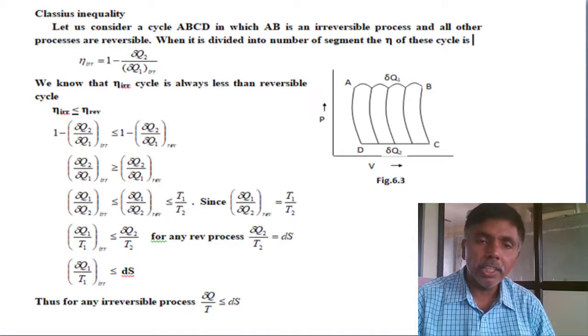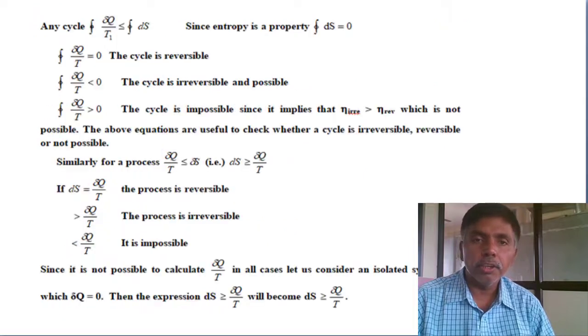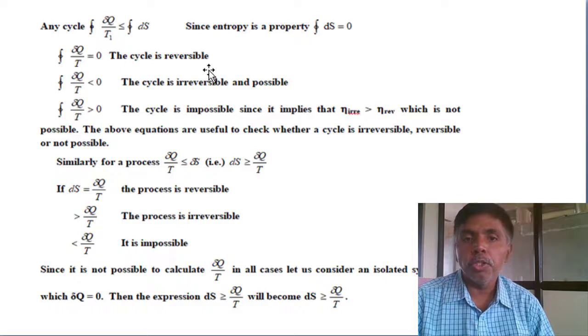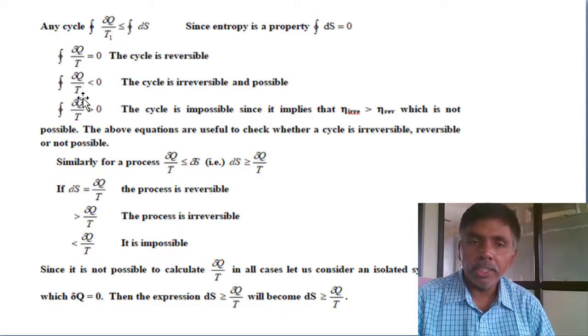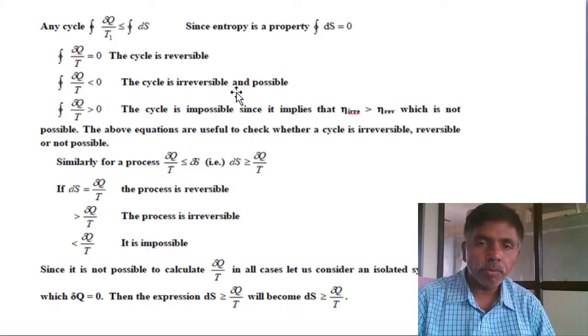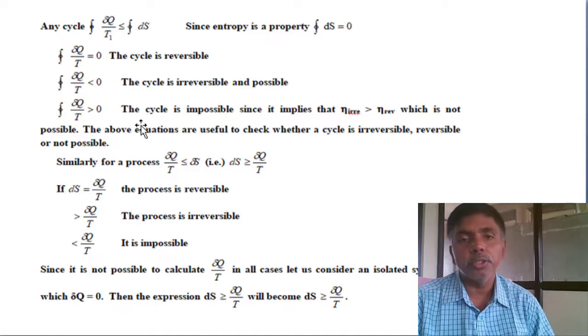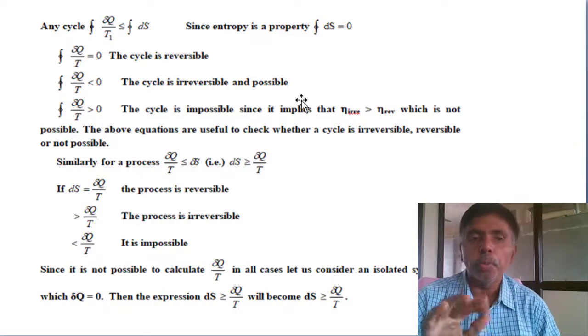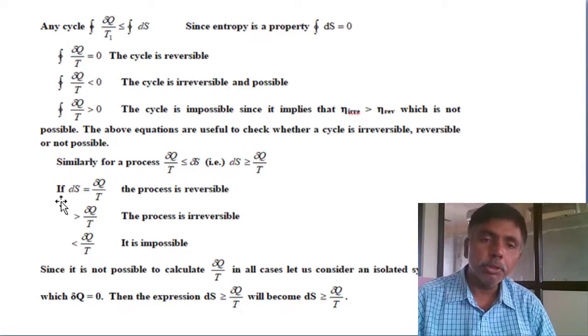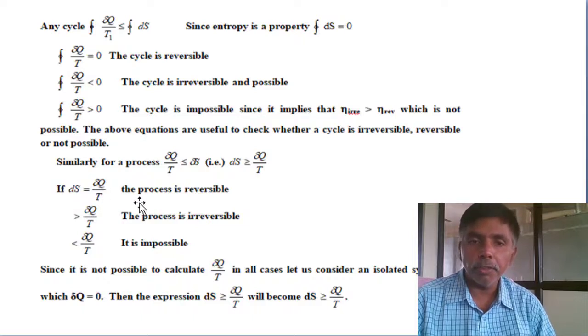Next, these inequality relations we developed. Cyclic integral of dou q by T equals 0 is a reversible process. Less than 0 is an irreversible process, but it is a possible process, an actual process. But if the cyclic integral of dou q by T is greater than 0, then it is an impossible process. Coming to ds equals dou q by T, in a reversible process.